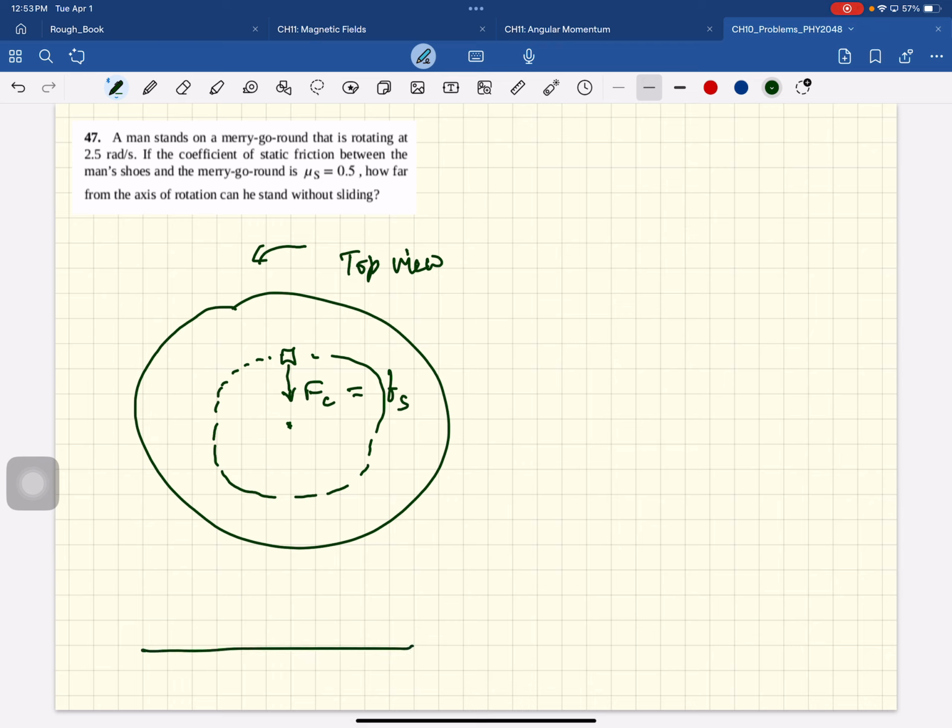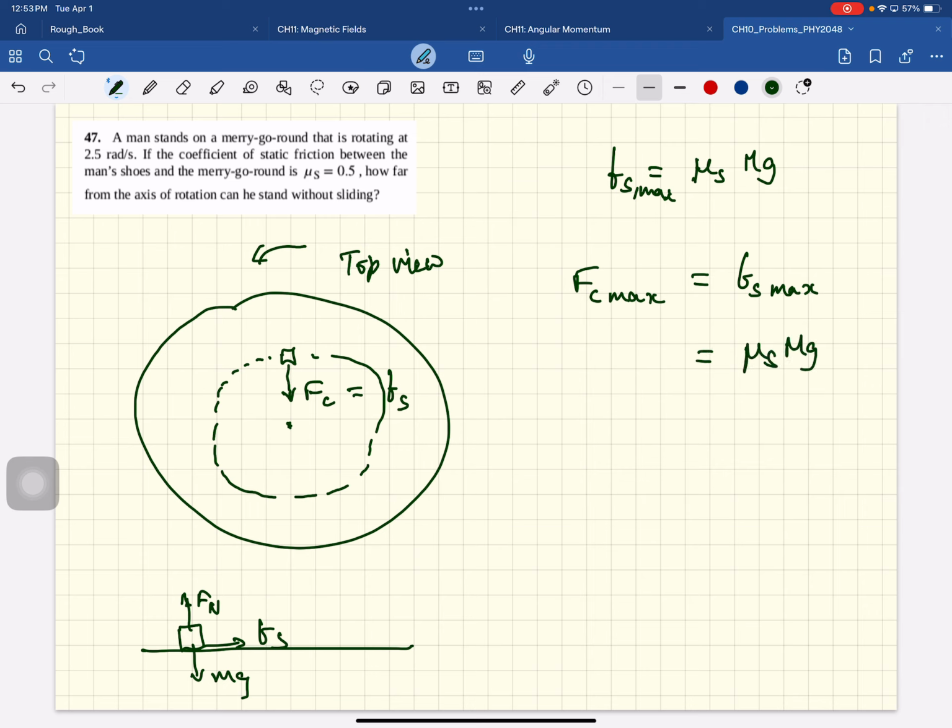And now here's a side view of this. Here's the guy. The static friction force is μs times the normal force, and the normal force equals the weight. So the maximum static friction force is μs times mg. And so the maximum centripetal force is the maximum static friction force, μs times mg.